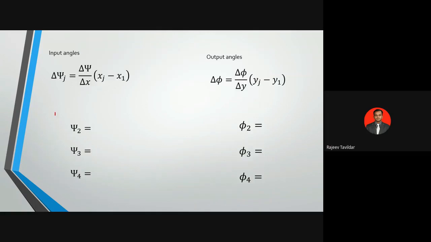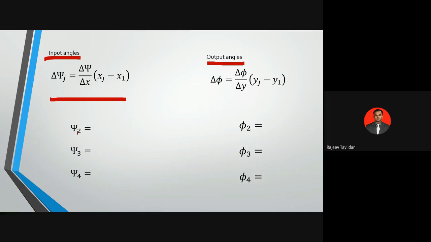Then in the next step, we need to determine the input angles and output angles, that is the precision angles. So we already know the equation for input angles. The equation is going to remain same. Delta xj will be delta psi upon delta x into xj minus x1. So I'm starting with psi 2 because for the first position we can draw that mechanism from anywhere.